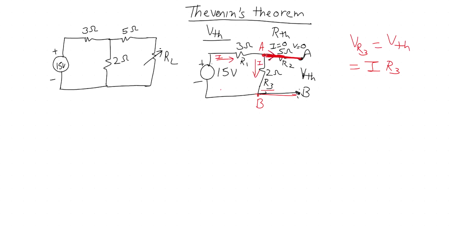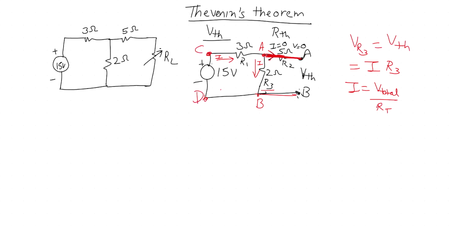The 3 ohm and 2 ohm are in series because the same current flows through both. Since they are in series, the total current will be the total voltage divided by the total resistance. Total resistance is the resistance that you measure across points C and D, across the voltage source.